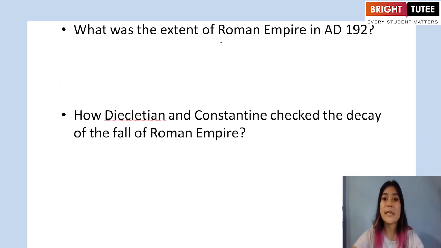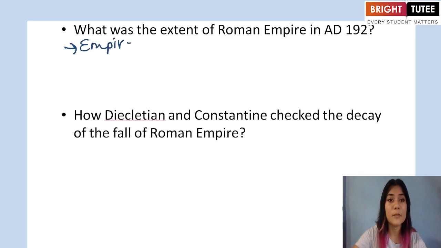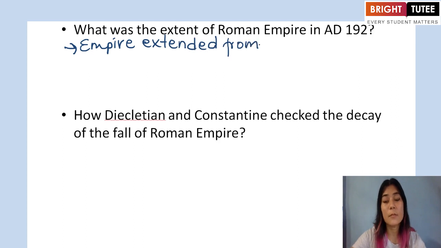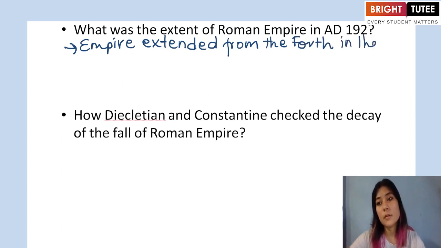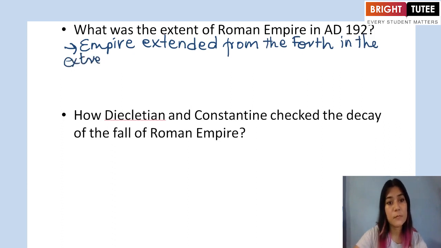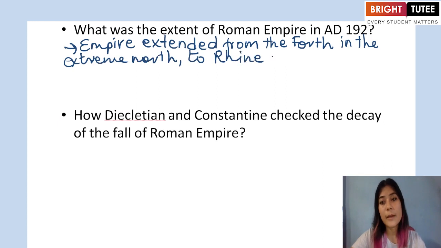Next question. What was the extent of Roman Empire in 192 AD? The empire extended from the extreme north to Rhine and Danube.